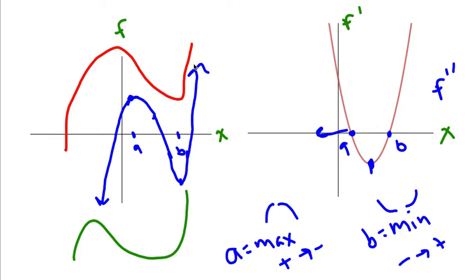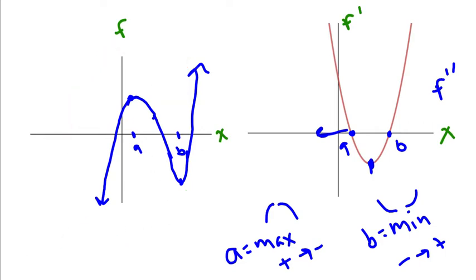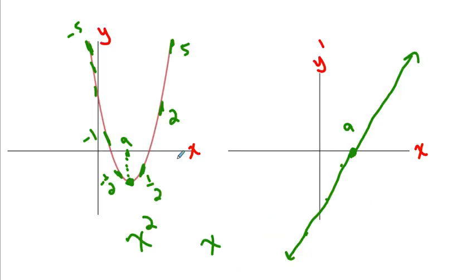And I'm mentioning that for a specific reason that you'll understand later on. So that blue graph could be higher than that or lower than that. Okay, when you're going from a function's derivative to the function, that could be moved up or down. But if you're going from a function to the derivative like we did back here, those are a little more specific in the way that they need to look.